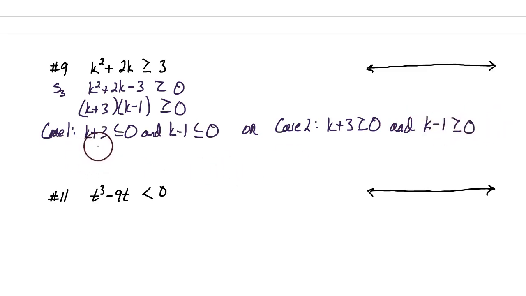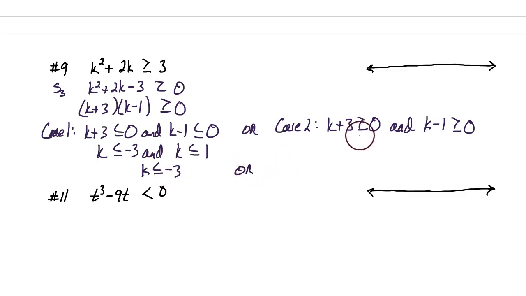We'll go back to case 1 and solve these for k. On this first one, we get k is less than or equal to -3, and k is less than or equal to 1. K is a number that's less than or equal to -3, and at the same time, it's less than or equal to 1. This is equivalent to the single expression, k is less than or equal to -3.